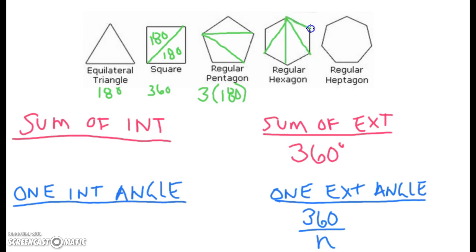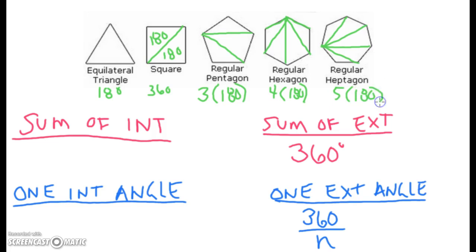Obviously, I can't draw a line here. It doesn't make a new triangle. But so this one has 1, 2, 3, 4 triangles times 180. You can do it with the heptagon too. This one has 1, 2, 3, 4, 5 triangles. So you would do 5 times 180.